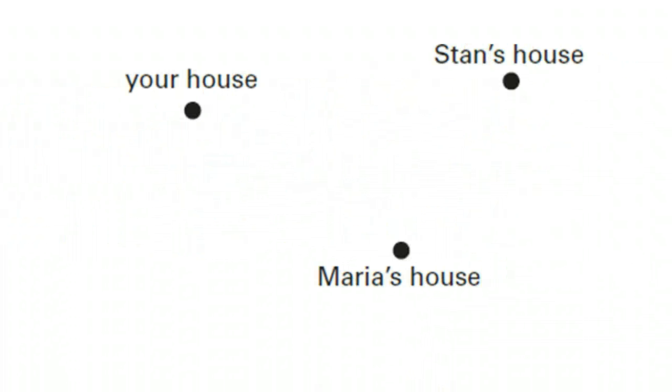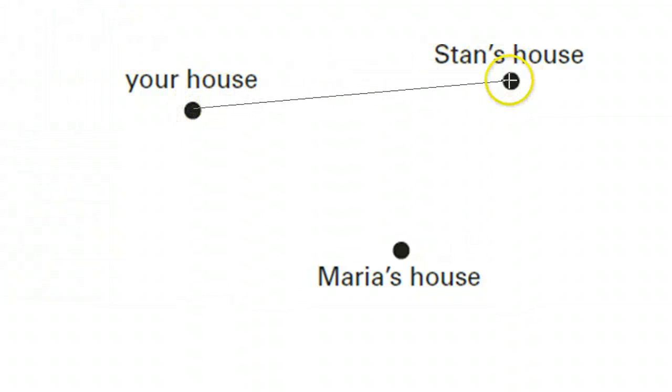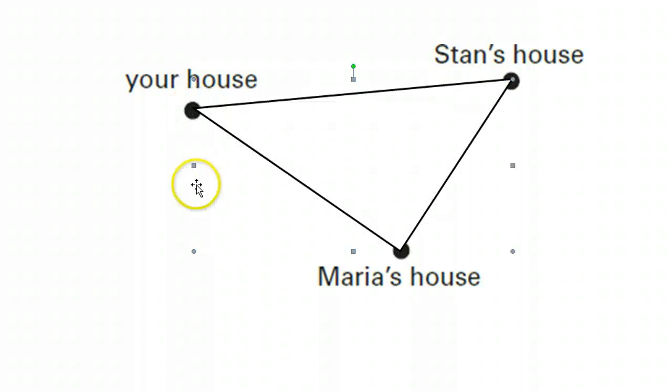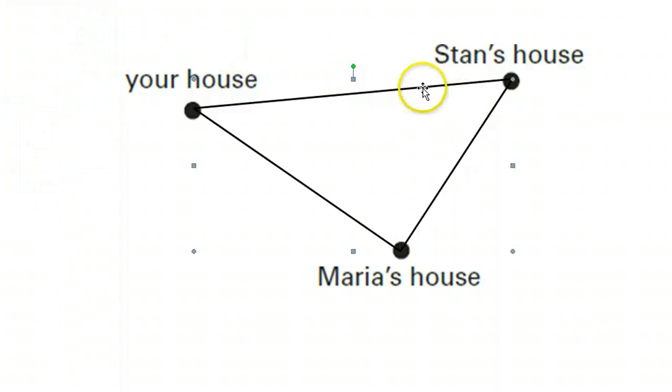Well, what you can do, if you think of the three houses as being the vertices of a triangle, sort of like this. Bam, bam, bam, and bam. The vertices of a triangle. Then, hold on for a second.